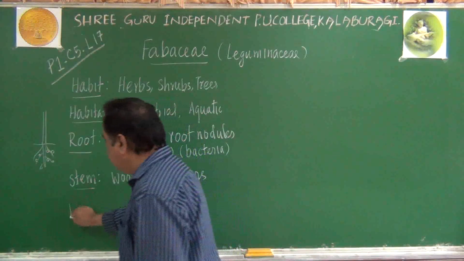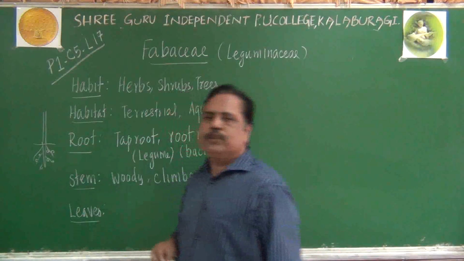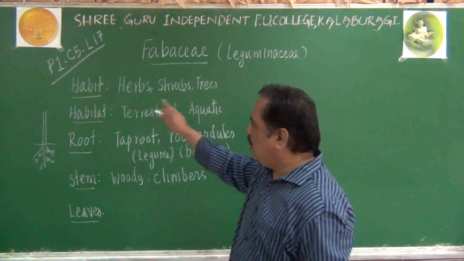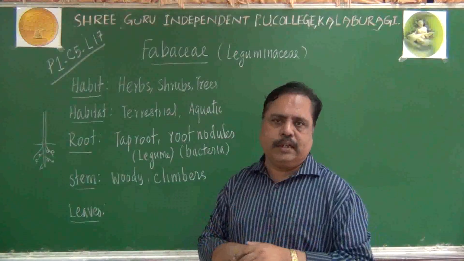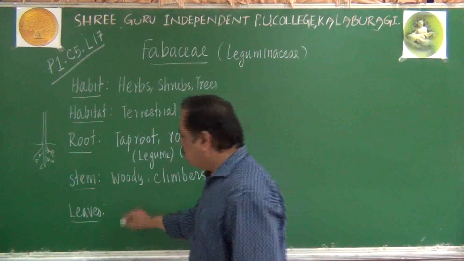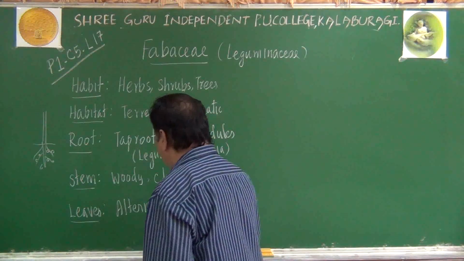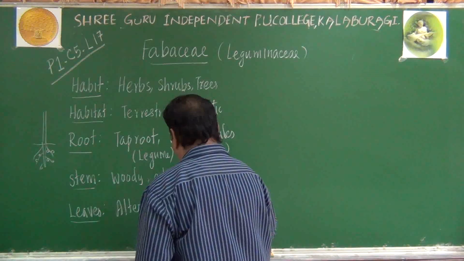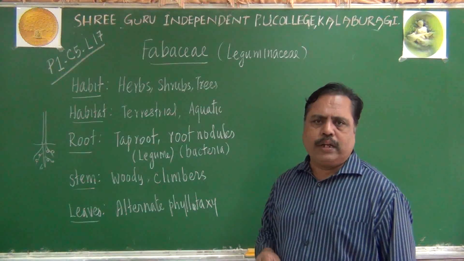When we come to the leaves of this family, the plants belonging to this family, all of them will have these characters only. That's why we group them into one category. The leaves are arranged in alternate phyllotaxy. Remember this point. You know what is alternate phyllotaxy?